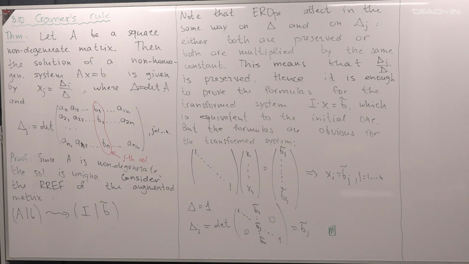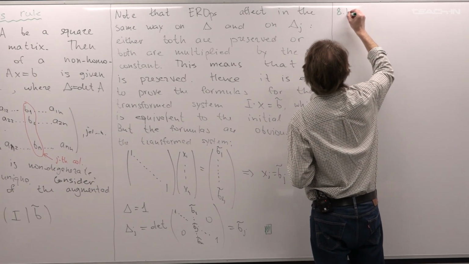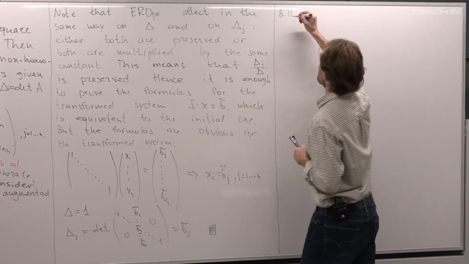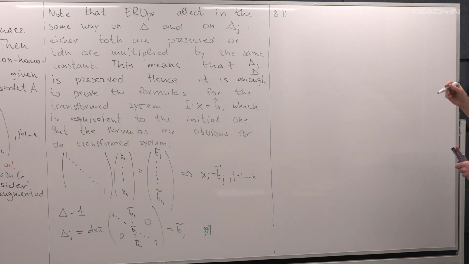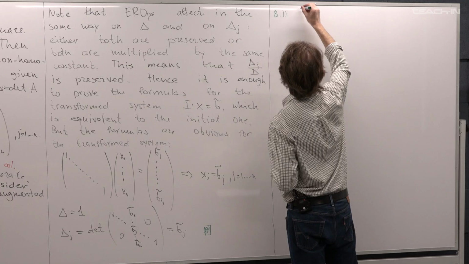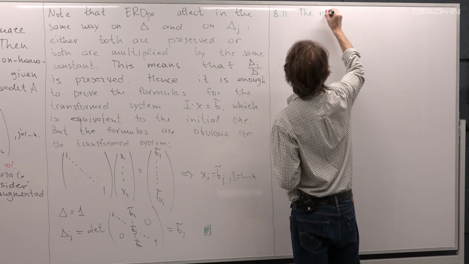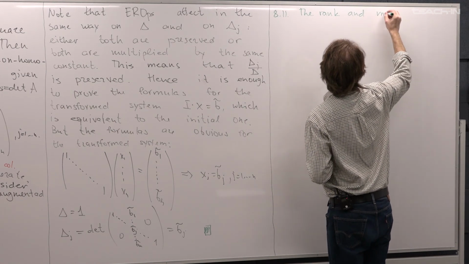Fine. So this is one of the applications that we discussed today, and the second one is the relation between the rank of the matrix and its minors. So 8.11, the rank and minors.